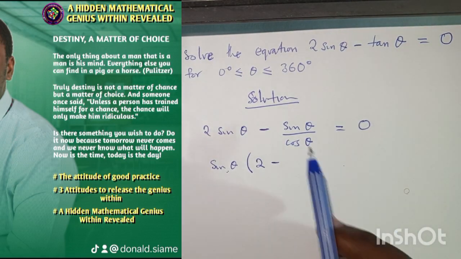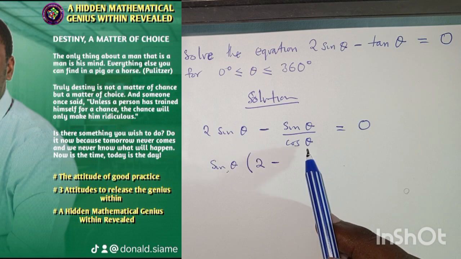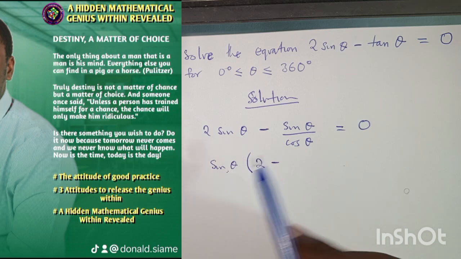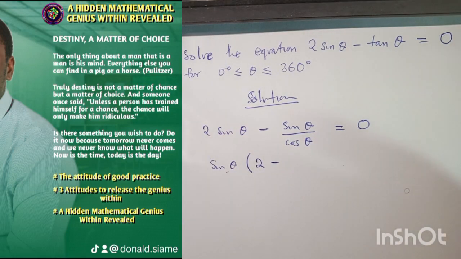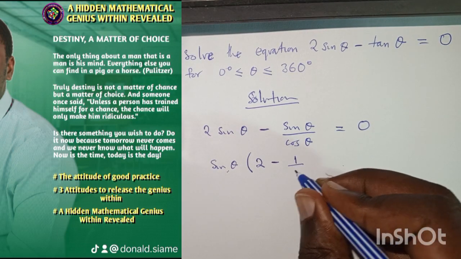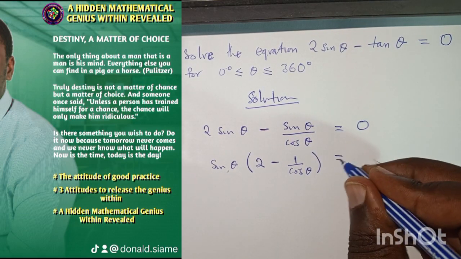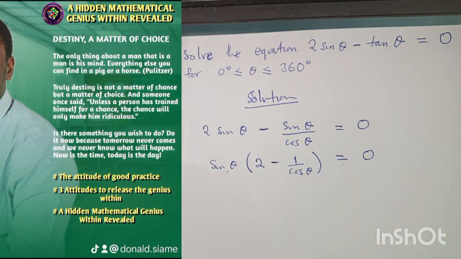Minus sine theta over cos theta divided by sine theta. Sine theta and sine theta will cancel out, and we're going to remain with 1 over cos theta. So this is equal to 0.